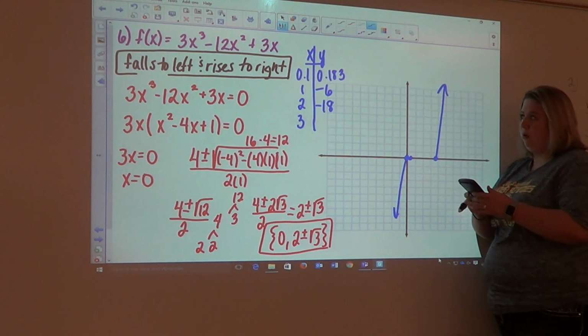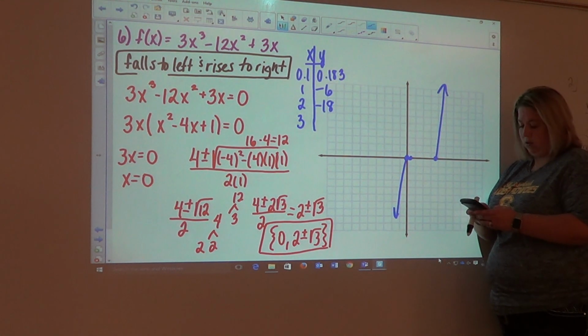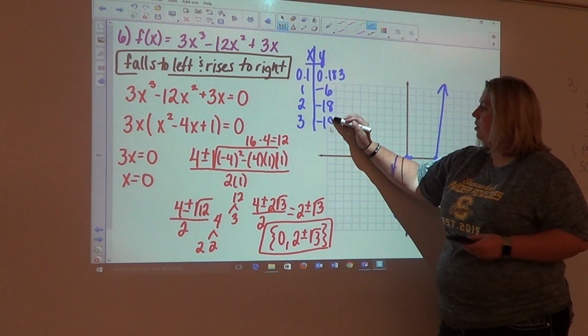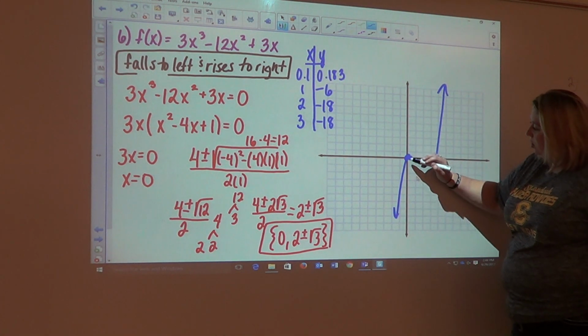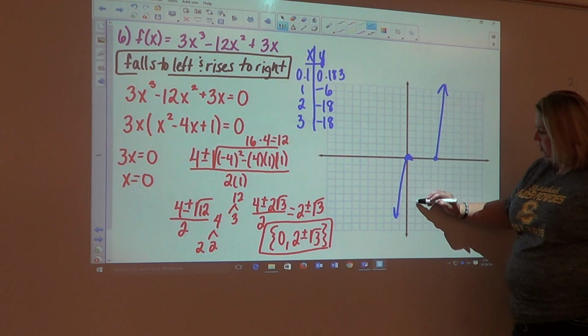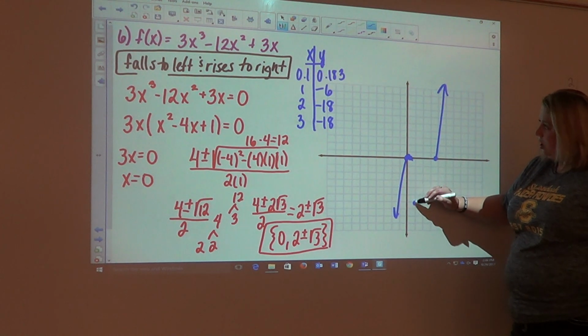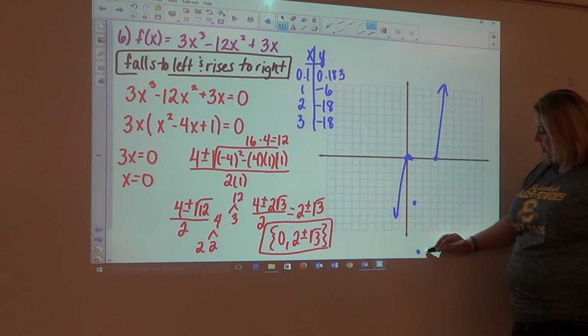If I plug in 3, we get -18. So then if I plot these, this is going to be right here, so that's going to connect there. And I have 1, -6. Okay, -18 is going to be off my grid.